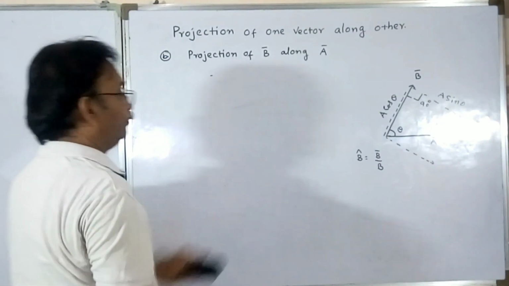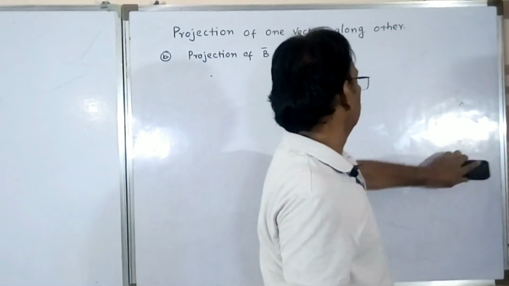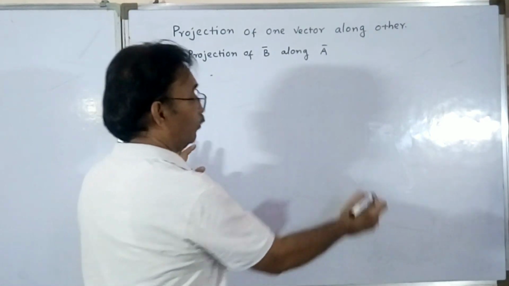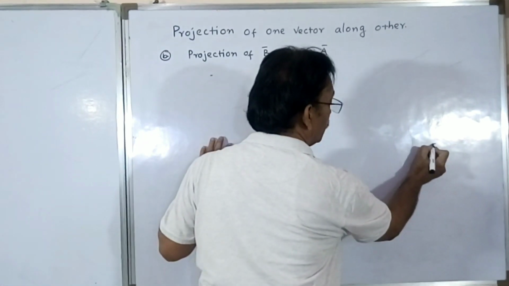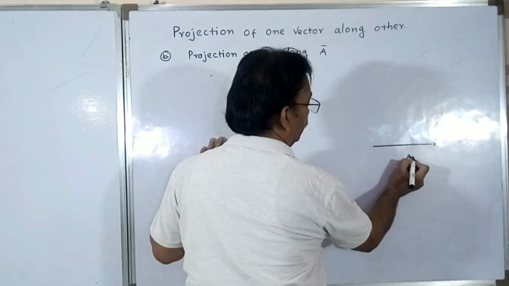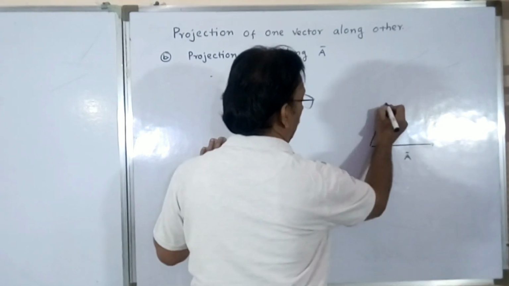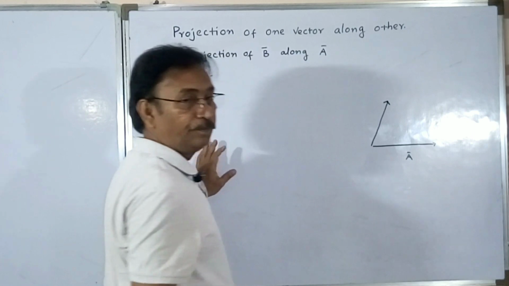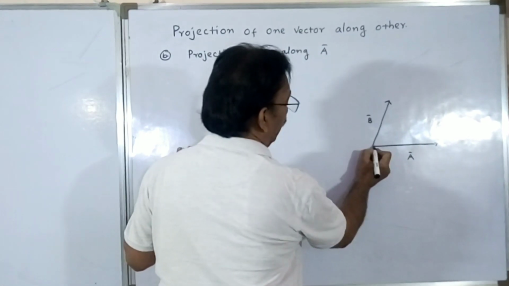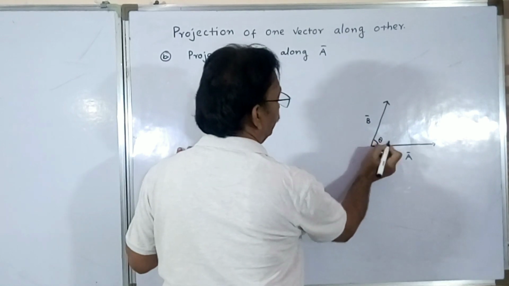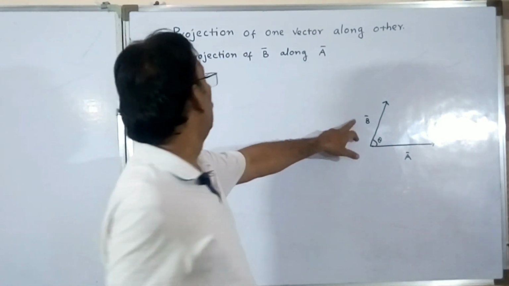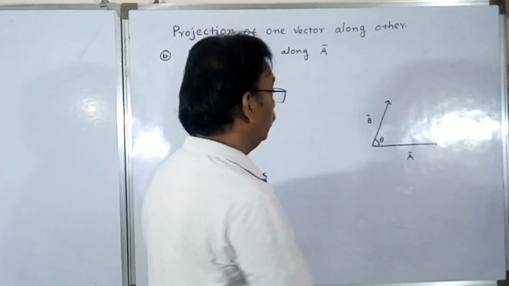Say it is part B. Now we have the two vectors, a bar and b bar. They are inclined at an angle of theta. We have to take the projection of b bar along a bar.